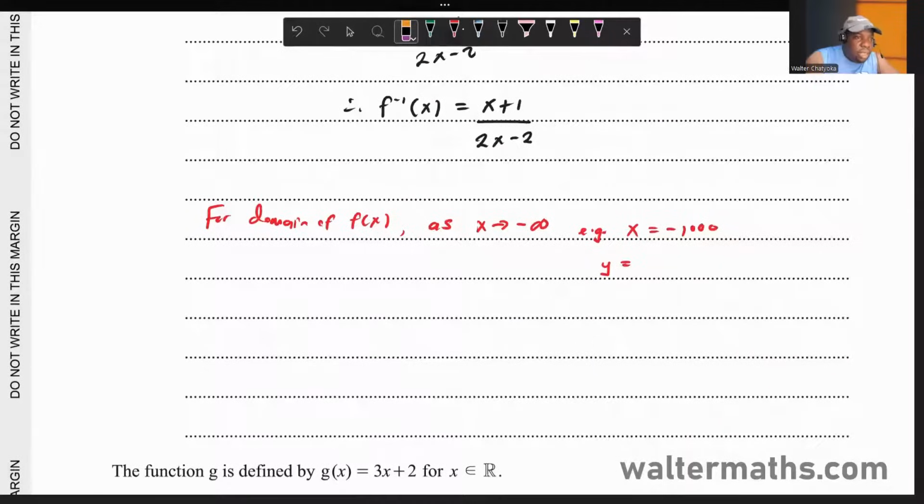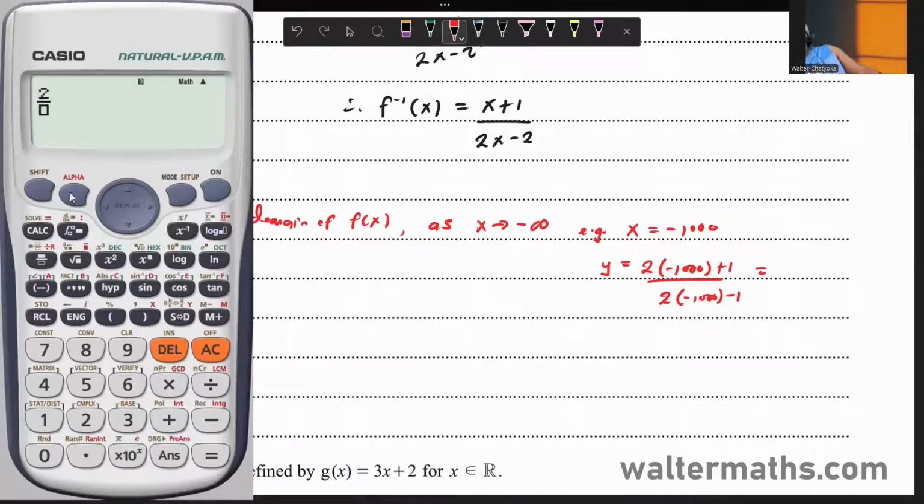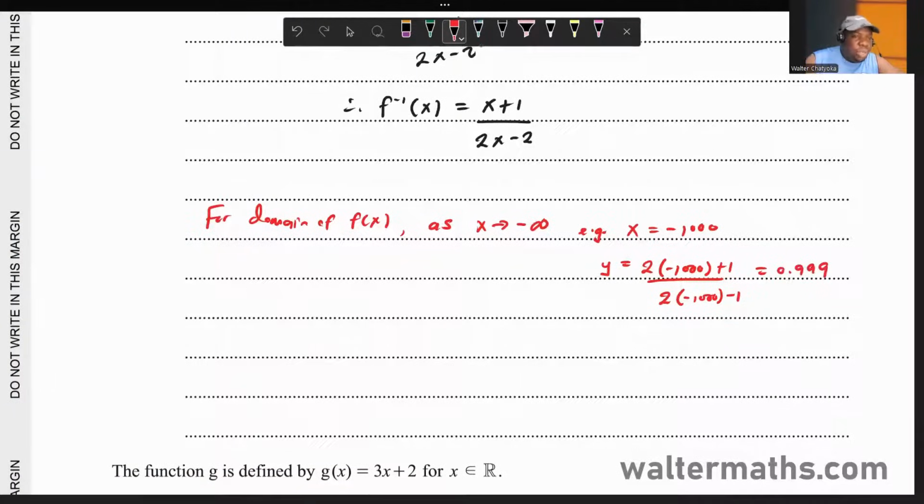So it's 2 of minus 1,000 plus 1 over 2 of minus 1,000 minus 1. And if we type that in, we get 0.999, which is very close to 1, approximately equal to 1.